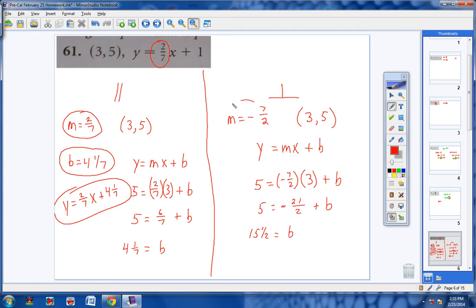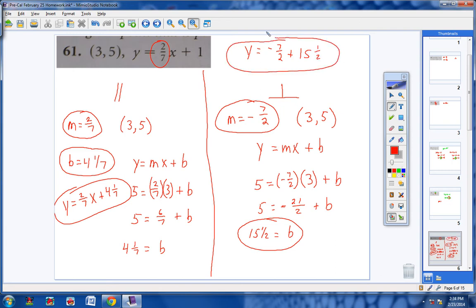So I know what my m is, I know what my b is, so I'm ready to write my linear equation. Y equals negative 7/2 x plus 15.5. Okay? So there we go. There's my linear equation. And this linear equation right here is perpendicular to this one right here.